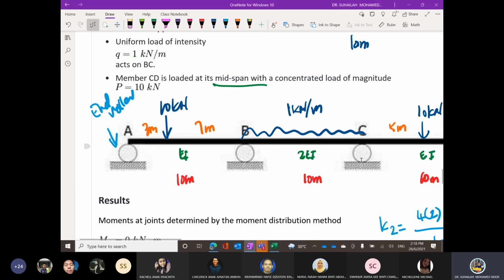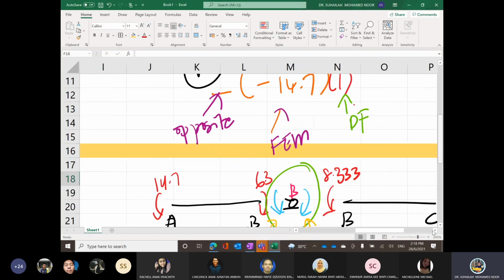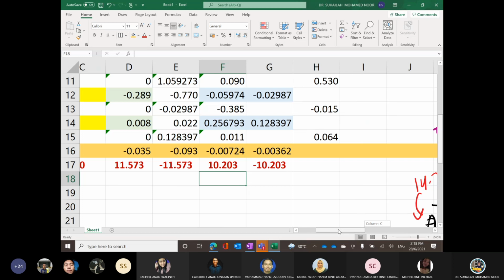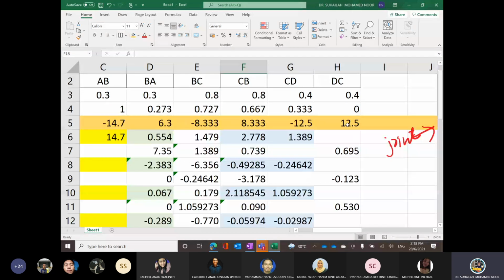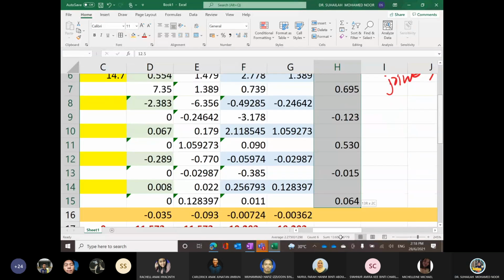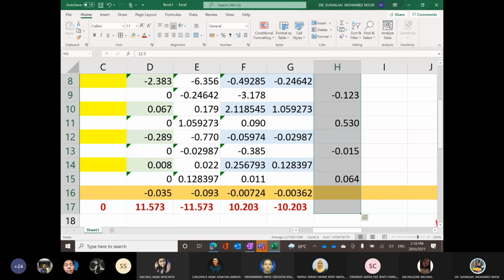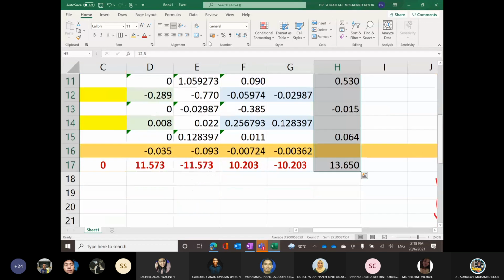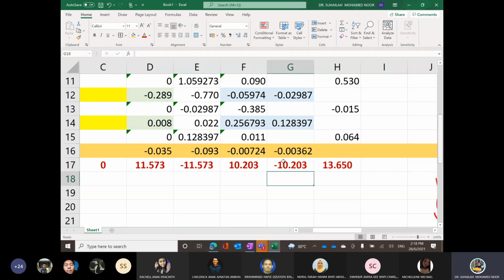Moment at C is equal to 0. And last one, moment at D, it is 13.65.